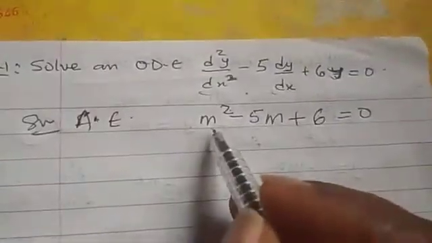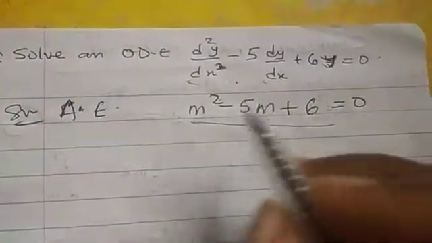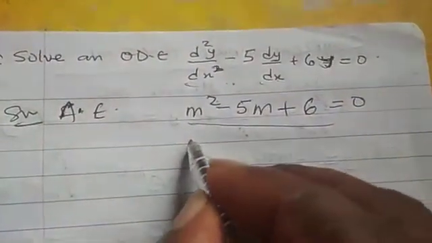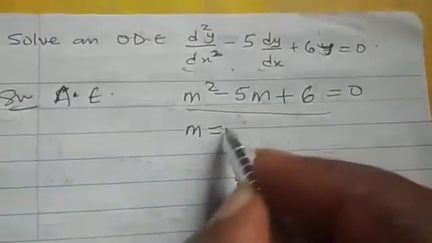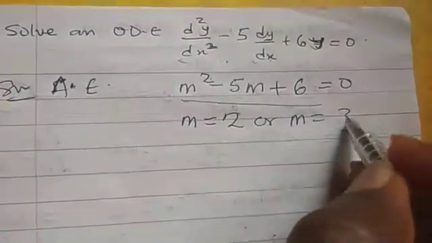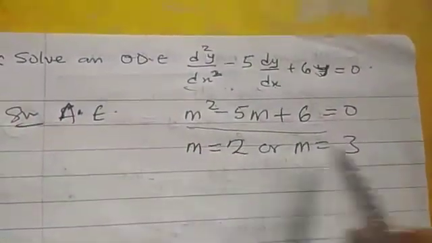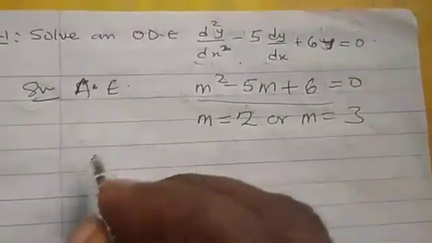After we have written it like that, the next thing is we solve this quadratic equation, which I believe is not new to you. Let's assume that you have solved it. When we solve the quadratic equation, we got m is equal to 2 or m is equal to 3. You can see they are not the same, 2 and 3.